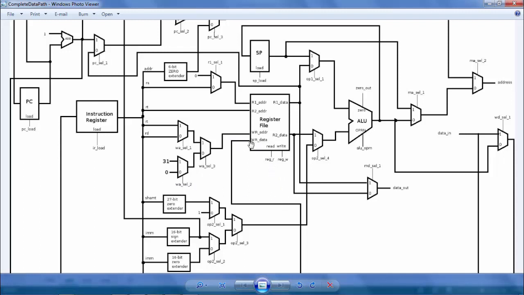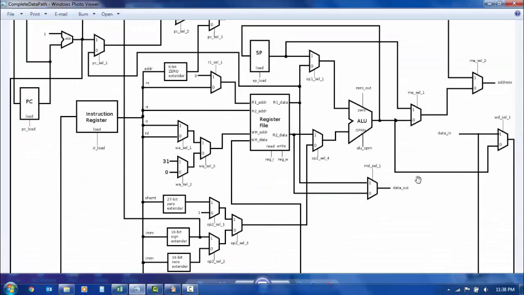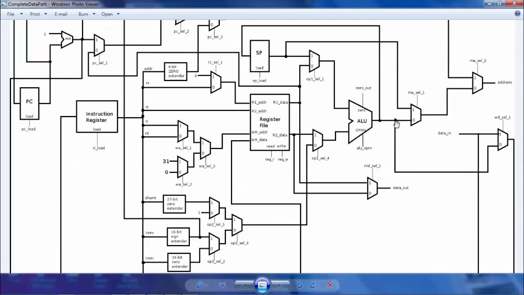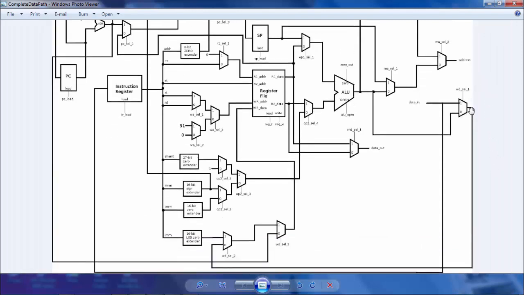However, the write data has to be coming from the ALU, right? As the ALU is doing that addition, WD selection 1 must be 0. Then it goes from the ALU through this multiplexer, and now this is my ALU data.